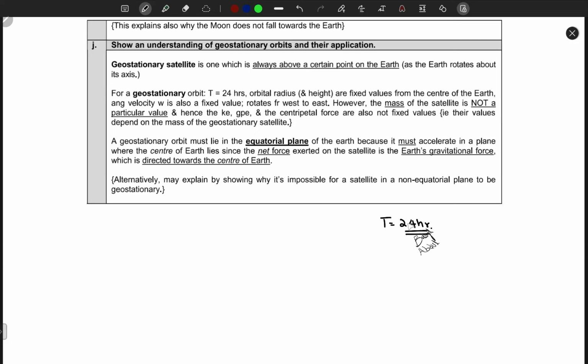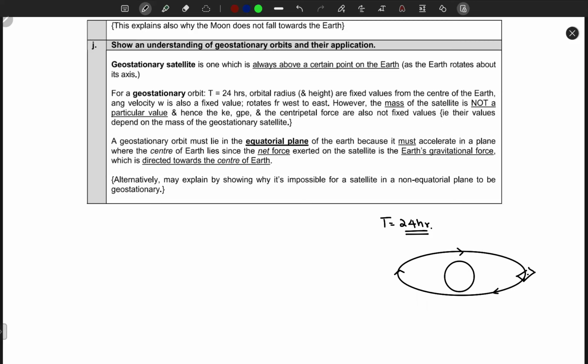So imagine something like this: you have this Earth and a satellite is orbiting this Earth. Putting my drawing skills to the test. Here, consider that this is the orbit, so it's moving like this.